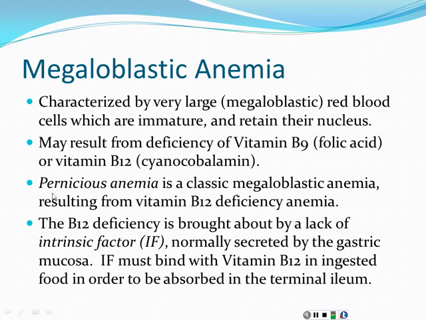Now, specifically, pernicious anemia refers to a very specific disorder, which isn't necessarily clear in my notes. So you may want to add this. Pernicious anemia equals no IF, no intrinsic factor. Intrinsic factor is a peptide that's produced in the stomach that binds vitamin B12 in the stomach, and then the intrinsic factor plus vitamin B12 are absorbed into the body in the distal ileum, so in the terminal ileum.